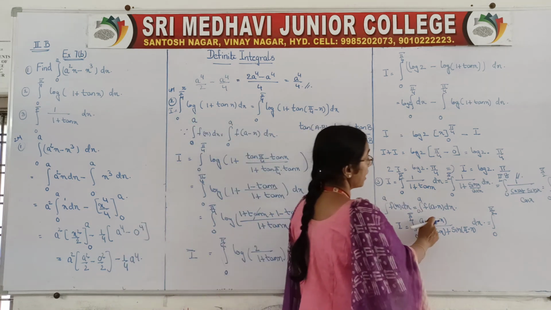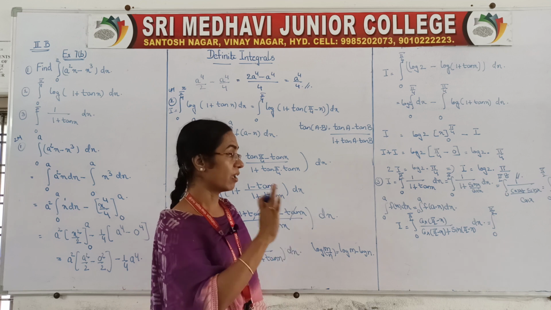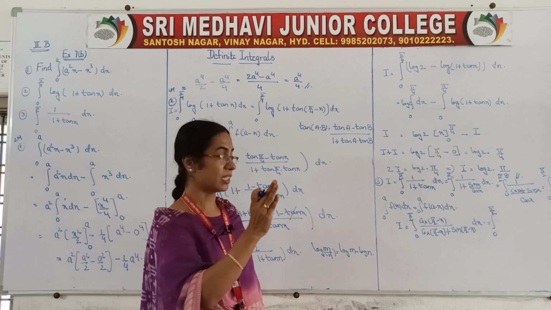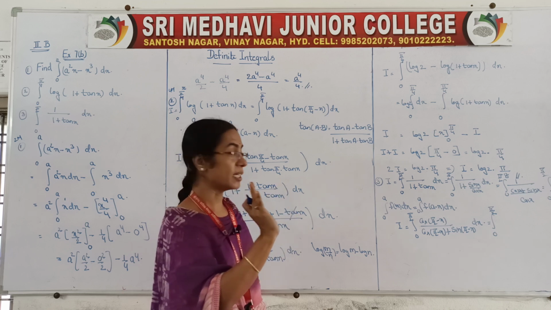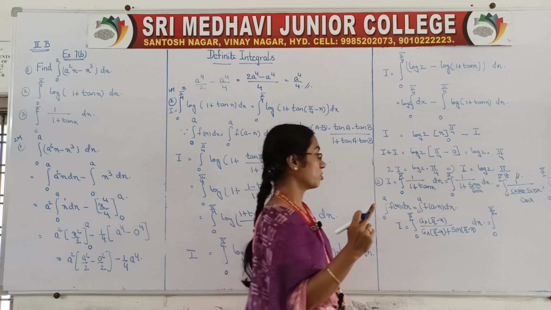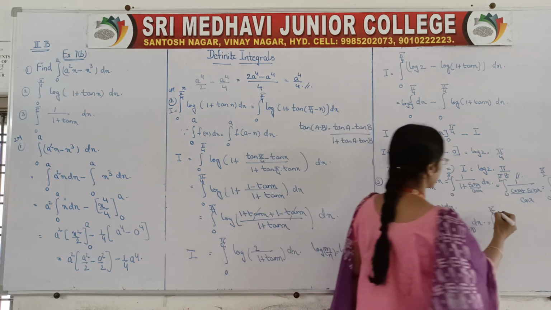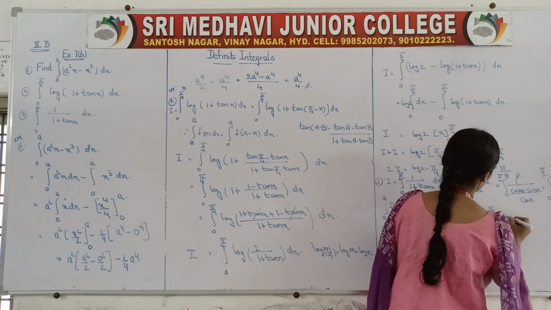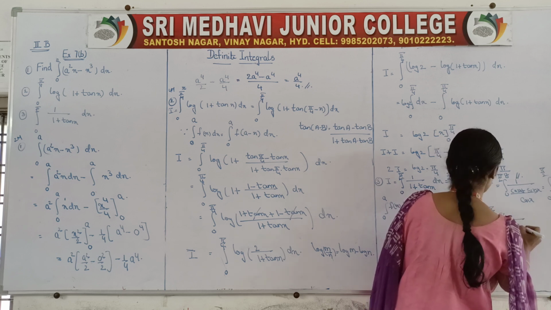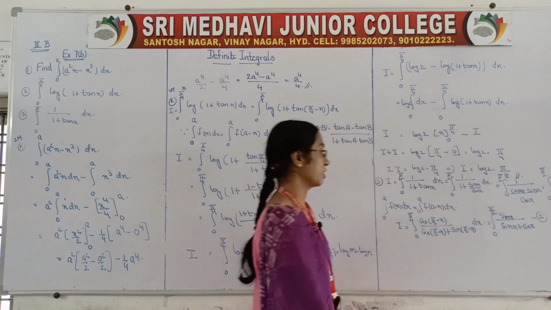But with 90 minus theta the ratio changes and the sign remains as it is, all positive. Cos changes to sin, sin changes to cos. So it is sin x by sin x plus cos x. This is your second equation.